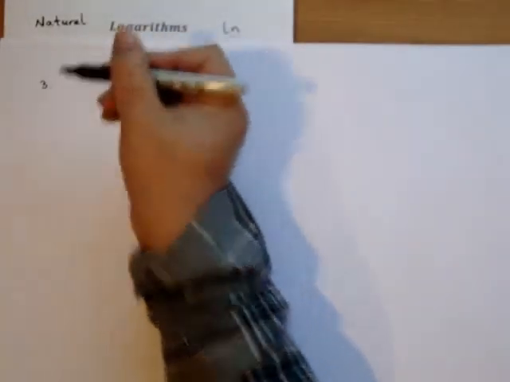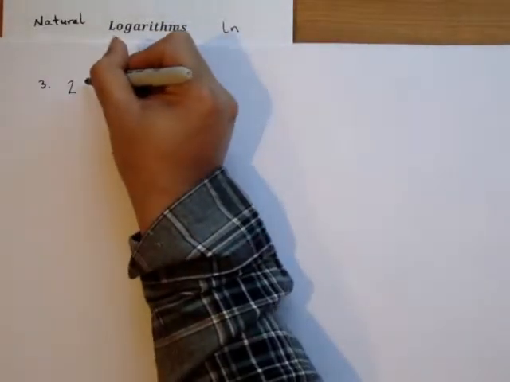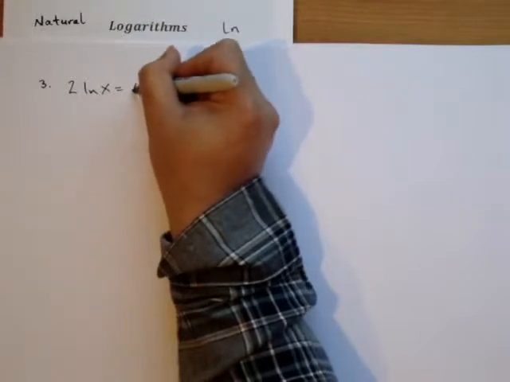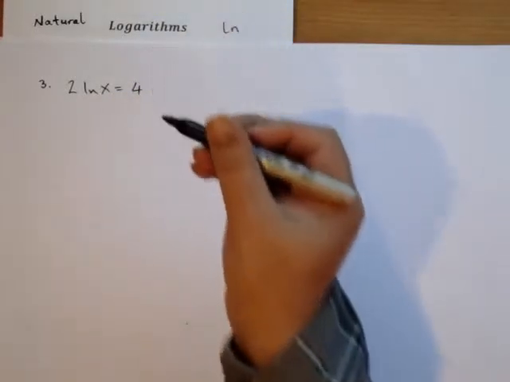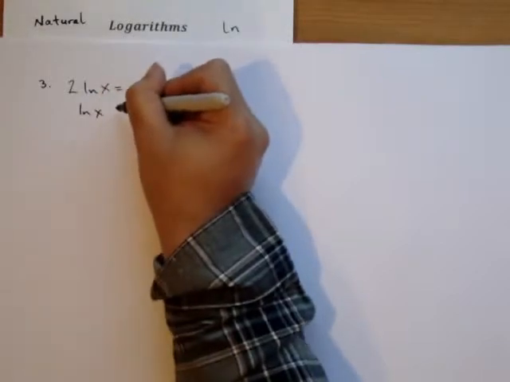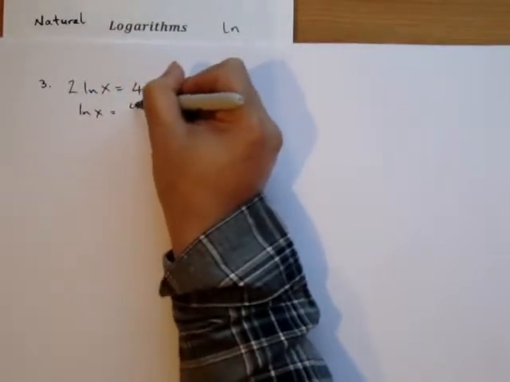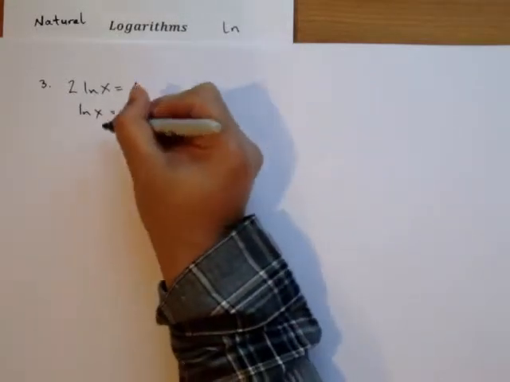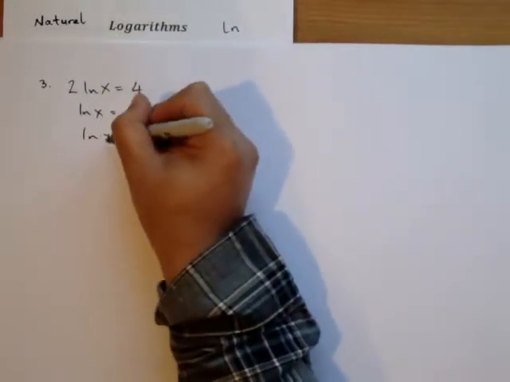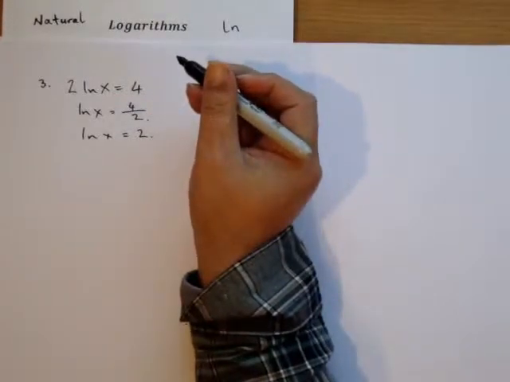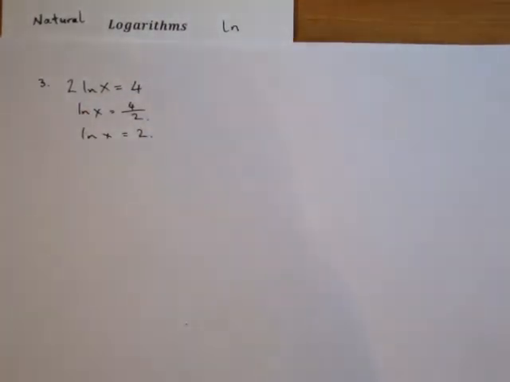Okay, in this example we have 2 natural log of x equals 4. So if we isolate the natural log of x, this equals 4 over 2. Then the natural log of x equals 2. Now what we can do is exponentiate, like we explained before.